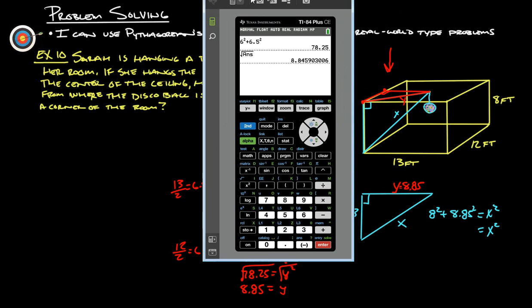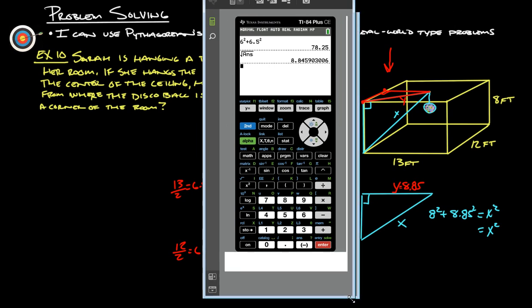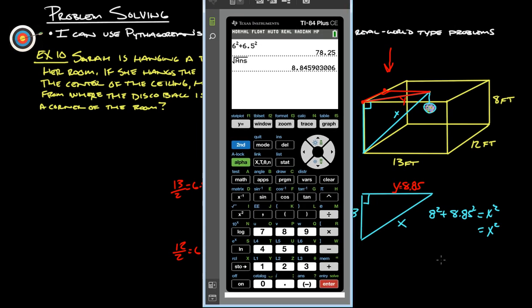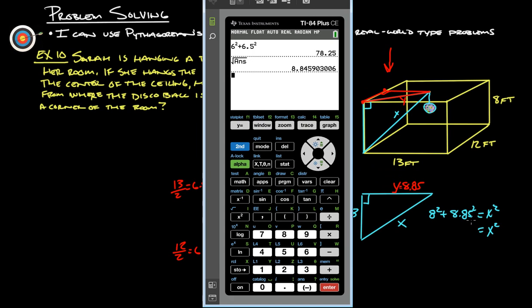Oops, sorry. That's weird. So 8.85 squared is 78.25, and then we add 8 squared. There's our 78.25 plus 8 squared, which we know is 64, and we get 142.25.